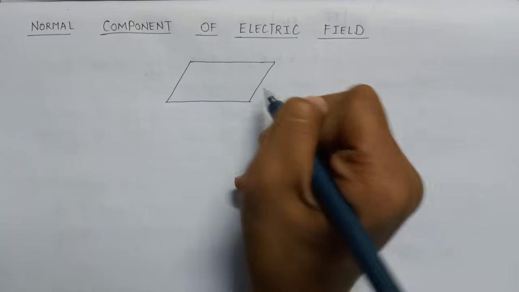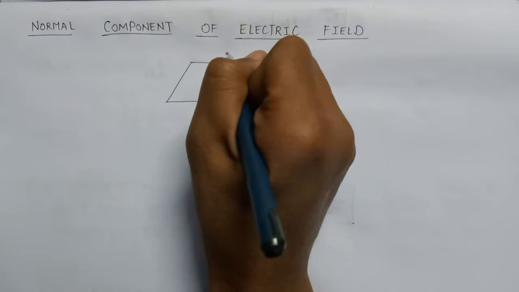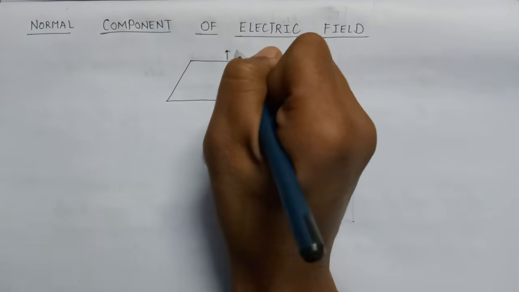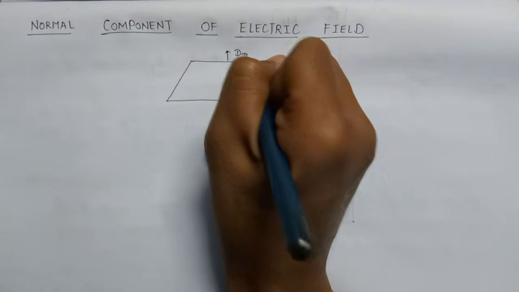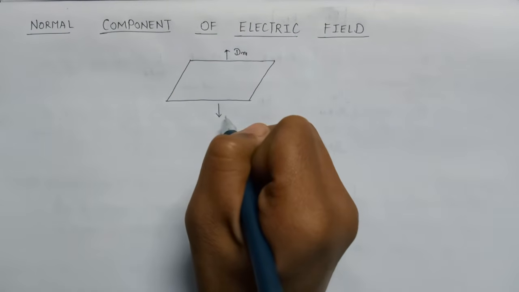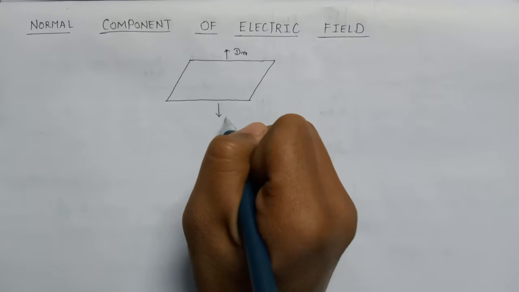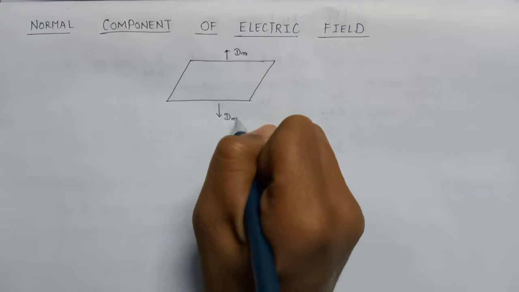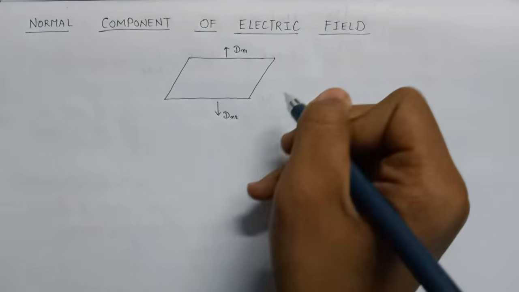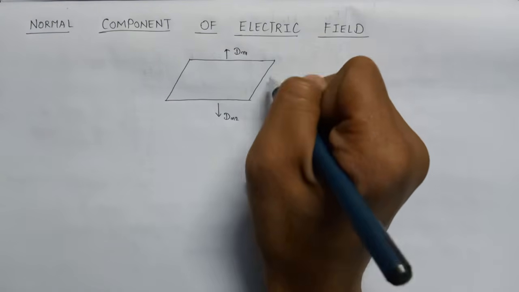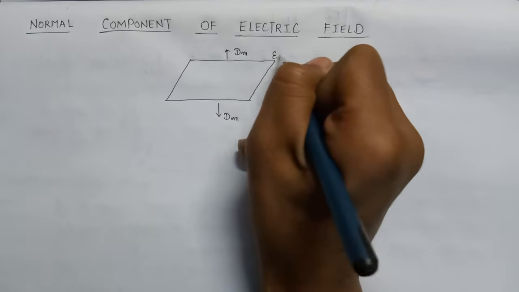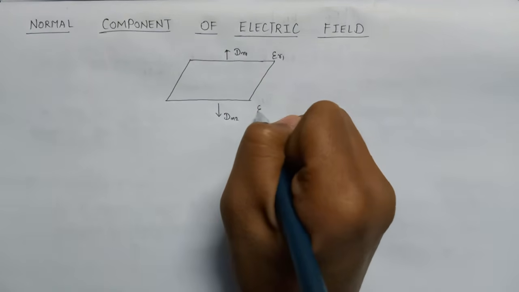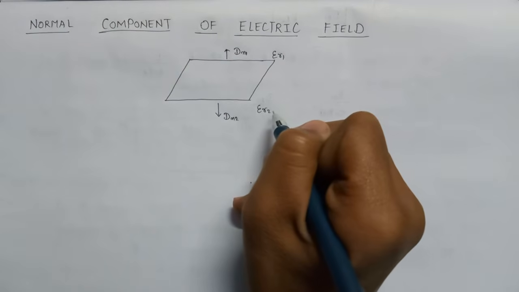So here is a surface and this is the direction, that is the electric flux density above the surface, that is represented by dN1, and here is the direction of the electric flux density below the surface, that is in the downward direction and is represented by dN2. Now the dielectric constant above the surface is epsilon r1 and the dielectric constant below the surface is epsilon r2.